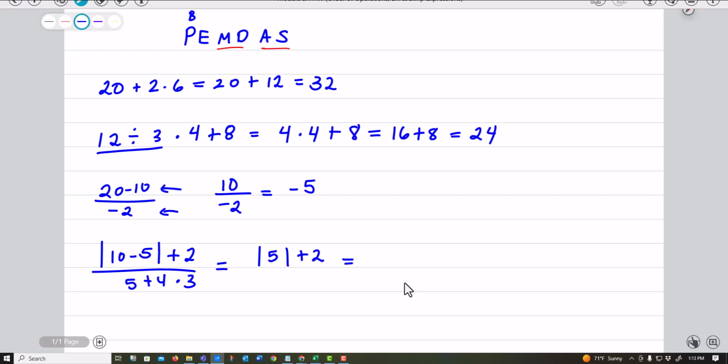The absolute value of 5 is 5, and then I get 7. And now I do the bottom. On the bottom, I have 4 times 3 is 12. So I do that first, and then 17, and I get my final answer. So just be careful with the actual order that you do them in.